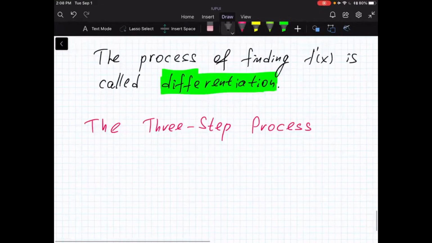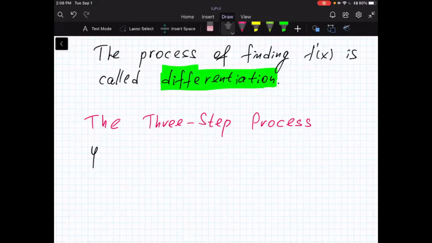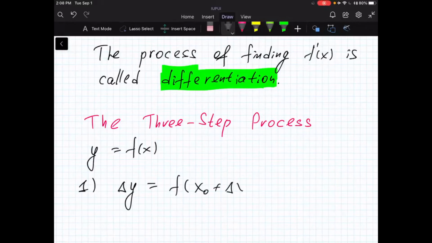So suppose you have your function y equals f of x, and the first step is to calculate delta y. As we figured out, delta y is f of x naught plus delta x minus f of x naught.